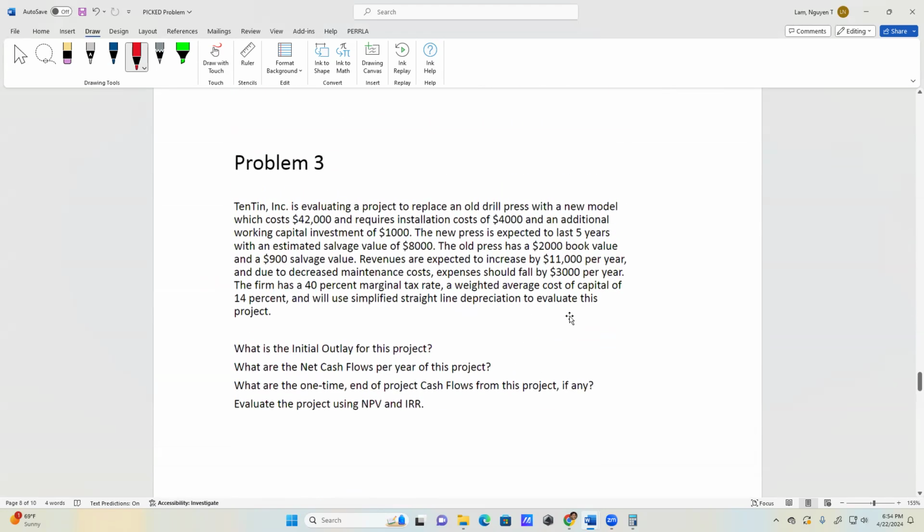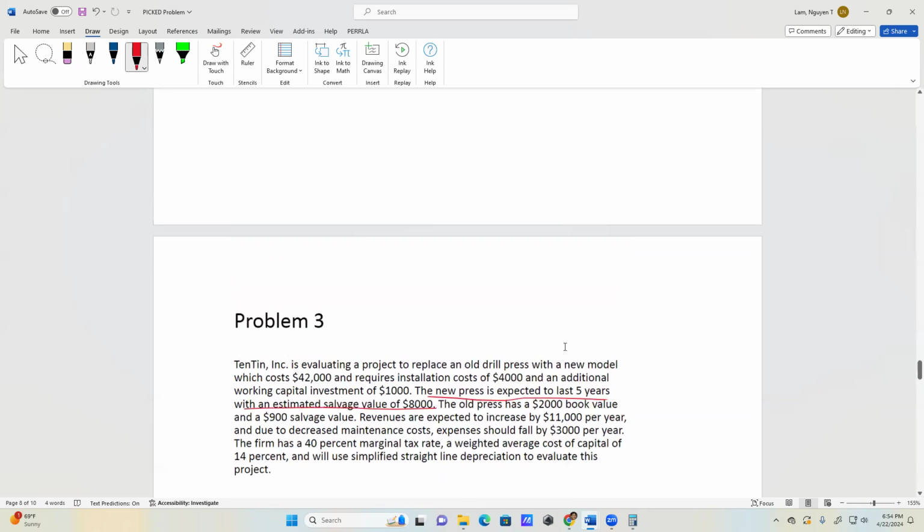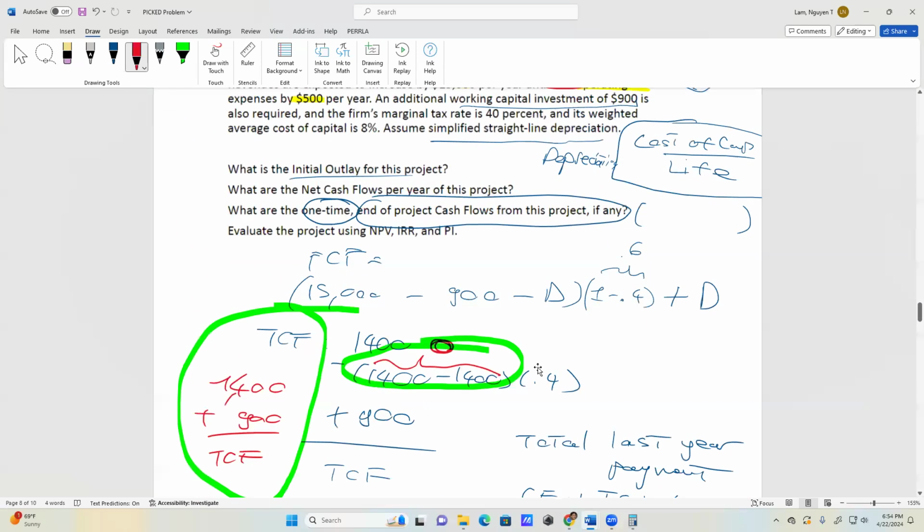Let's try to identify this one. The new press is expected to last 5 years, with an estimated salvage value. Salvage of old press and book value. Yeah, I really hate this type of problem.